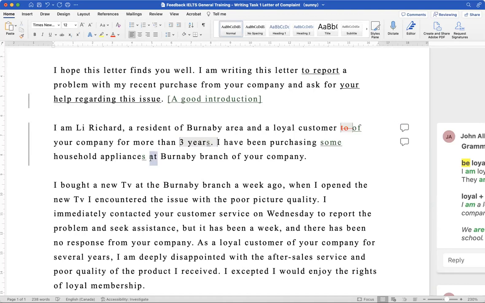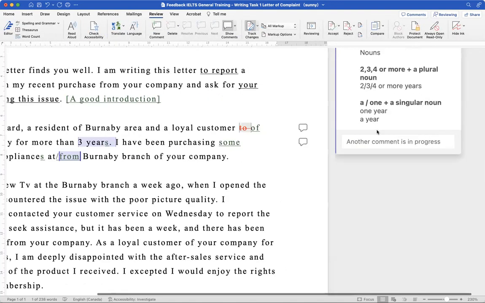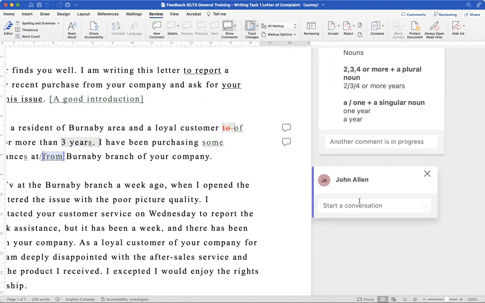I think here at is fine, but I would use from. Purchase something from a place is much better. It is not wrong. I cannot say it is wrong, but from is more commonly used. In this case, I can say from standard English rules, prepositions.